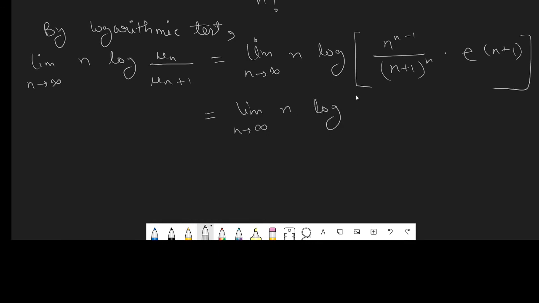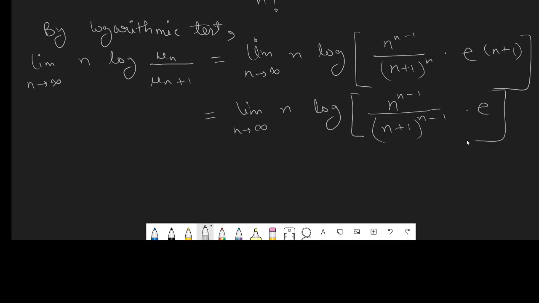So n^(n-1). We have n plus 1 in the numerator and denominator both, so we'll take the numerator 1 in the denominator. So it will be n^(n-1) divided by (n plus 1)^(n plus 1), n minus 1 multiplied by e.